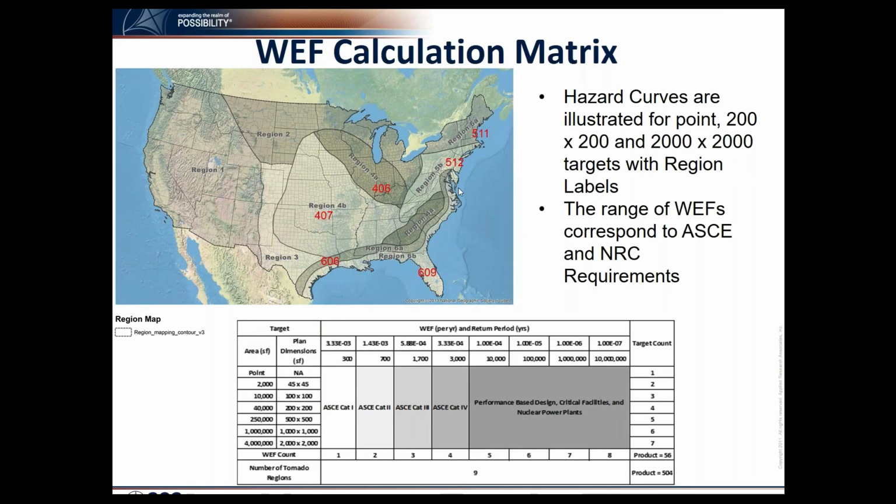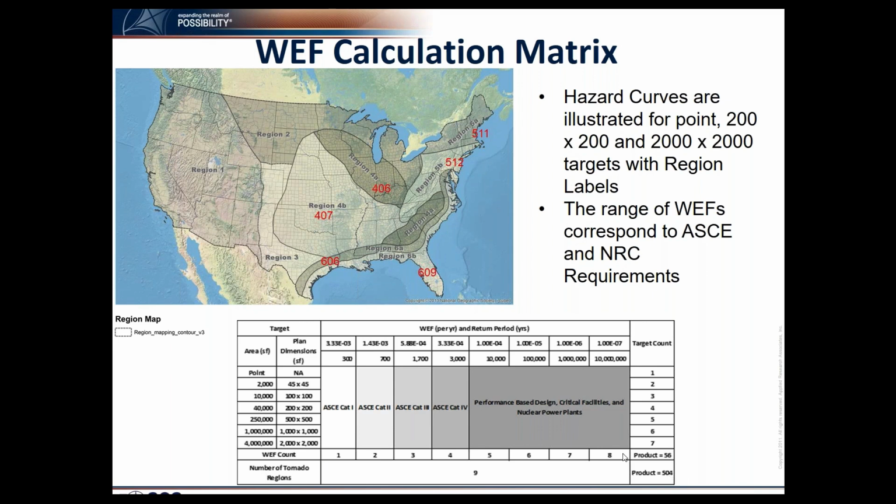So for the hazard calculation, we did it for many different area targets and the point target, and we also produced hazard for 8 different return periods. So all together, we produced 504 hazard curves.